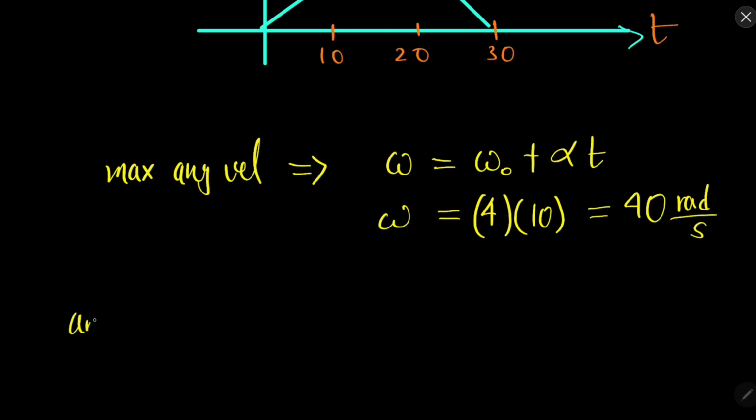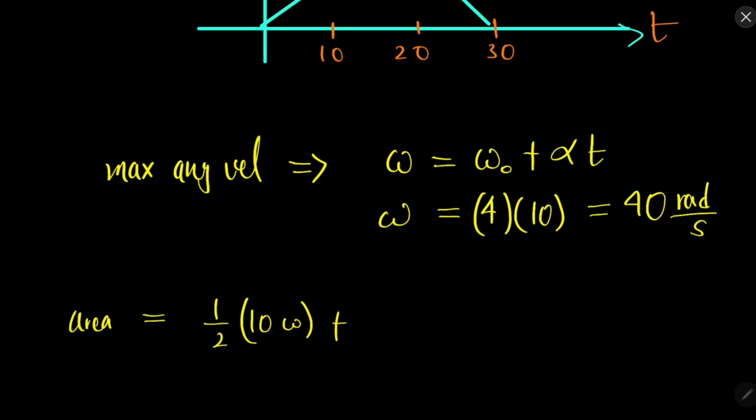So the area under the curve is 1 by 2 into 10 into omega, plus 40 into 10.